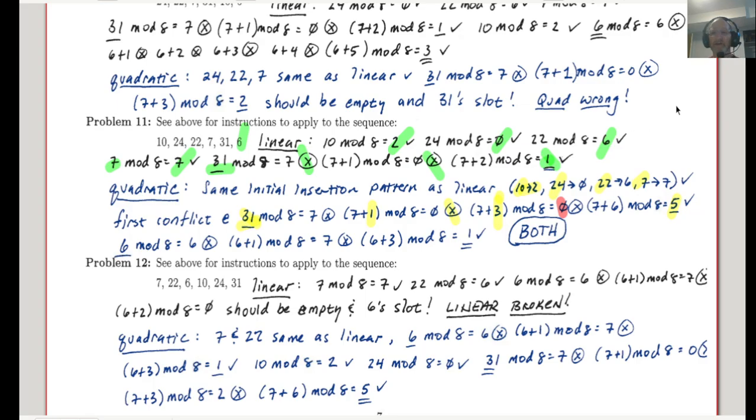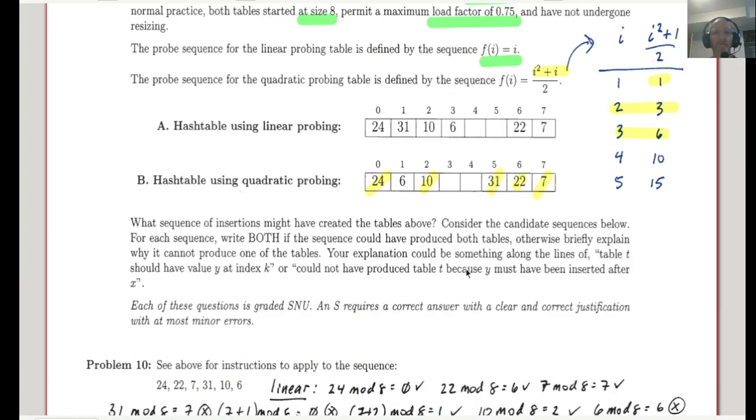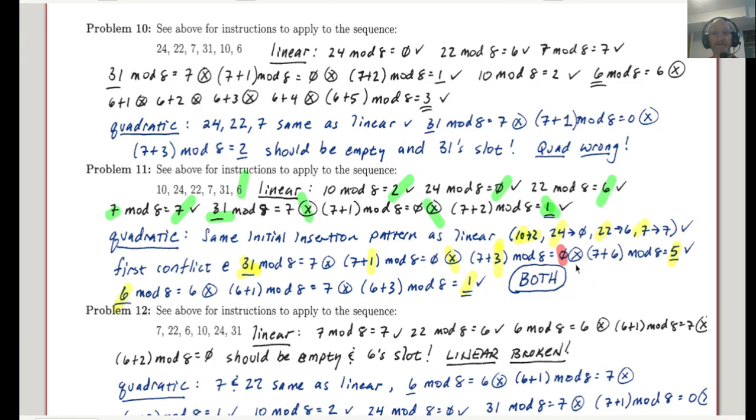There's a collision there because the value 7 is already in our table at slot 7. And then we're doing quadratic probing, so we go to 6 plus 3, which is 9. Mod 8 is 1. That's where the 6 is. So this particular insertion sequence works for both tables.